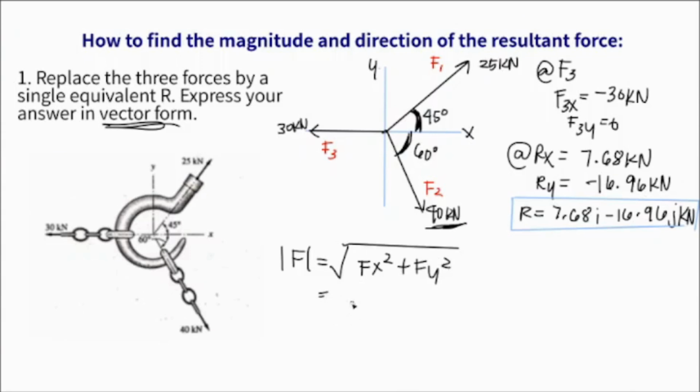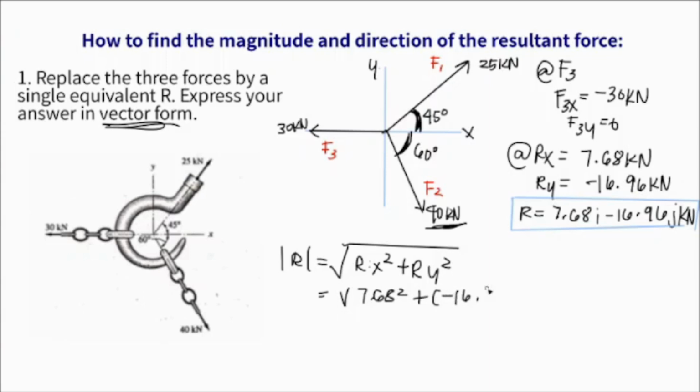So, square root of Fx squared, let's change that to R, since the letter we used is R, which is the resultant. So Rx squared is 7.68 squared plus negative 16.96 squared.